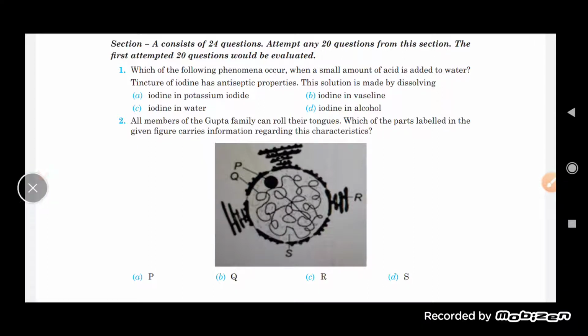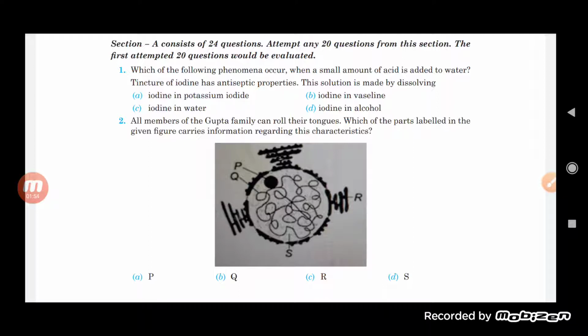Now see here, the question is, which of the following phenomena occur when a small amount of acid is added to water? Actually, the first question is not this. The first question is: tincture of iodine has an antiseptic property.